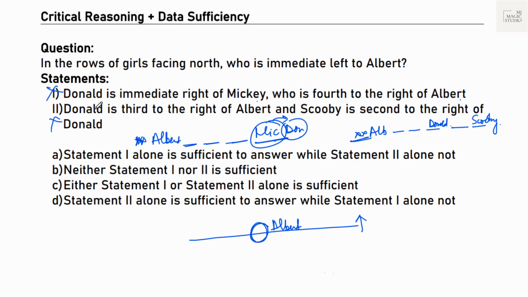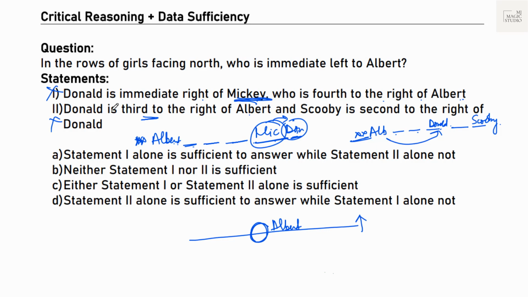Now if we combine these two, Donald is immediate right of Mickey, who is fourth to the right of Albert. That means according to statement 1, Donald is fifth to the right of Albert. But from statement 2, Donald is third to the right of Albert.